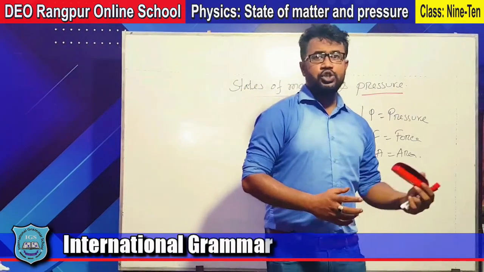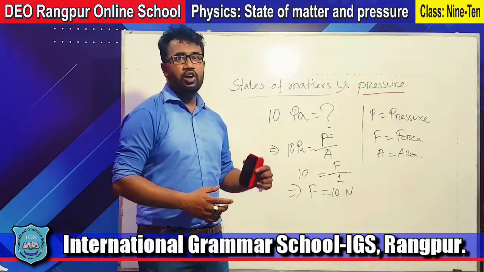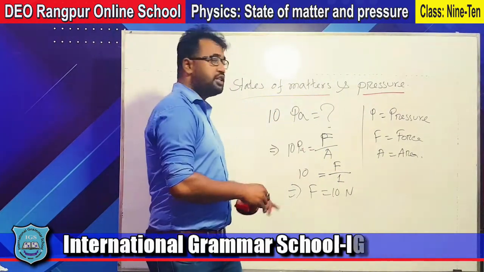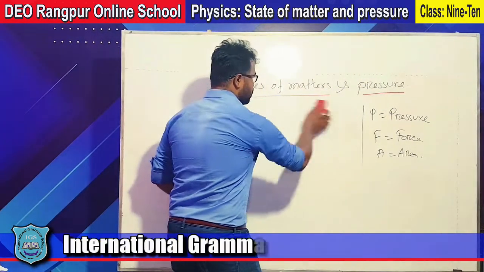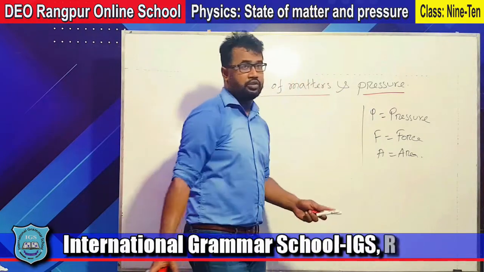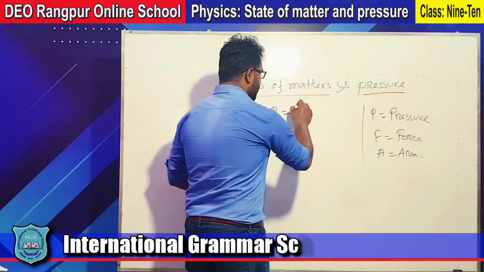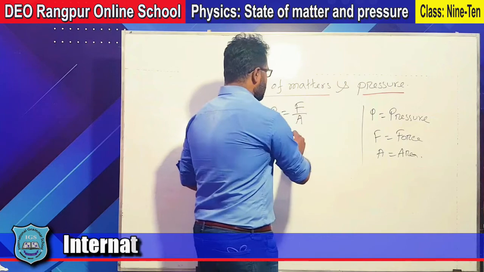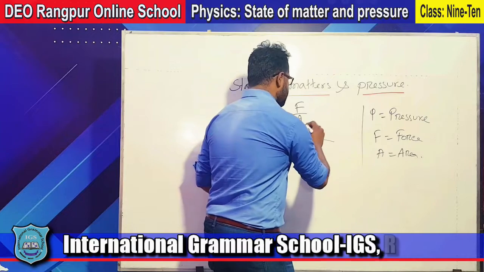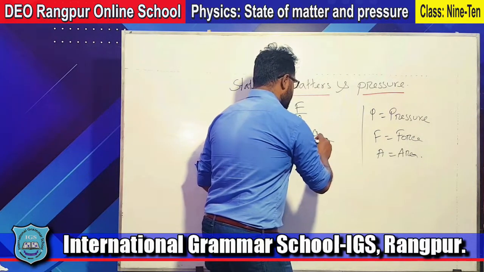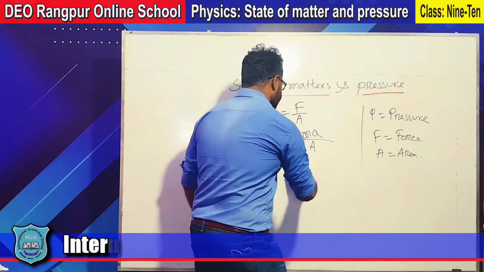Now I am going to show you the dimension of pressure. Obviously there is a dimension, and you can easily find it out. As I told you, P equals F by A. Now force F equals m a, where a is acceleration.